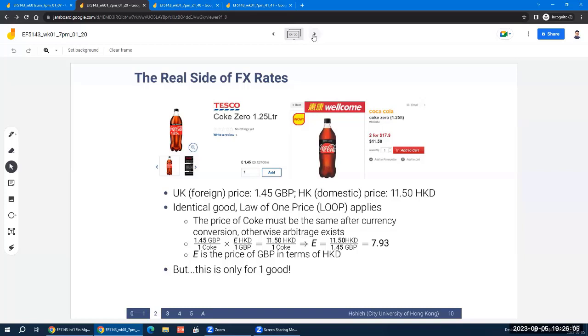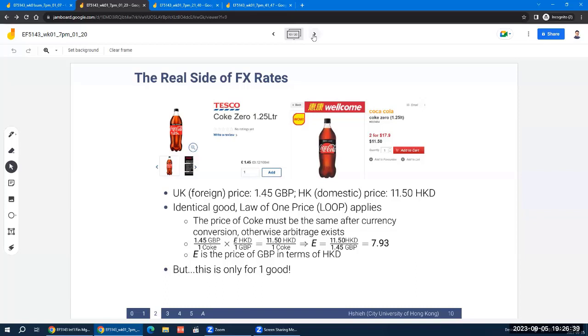This is going to give you a good exercise of how we can price foreign currencies using homogeneous goods. Let me say that again. I'm going to show you how we can easily price homogeneous goods across countries using what's called the law of one price. So the idea is, if you have two identical goods across two different countries, then they should be worth the same after currency conversion.